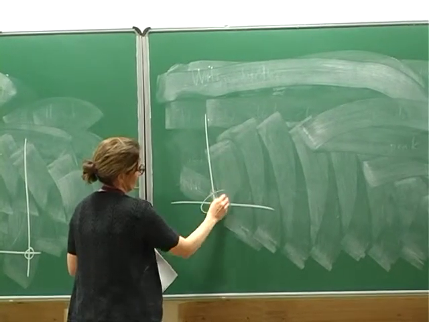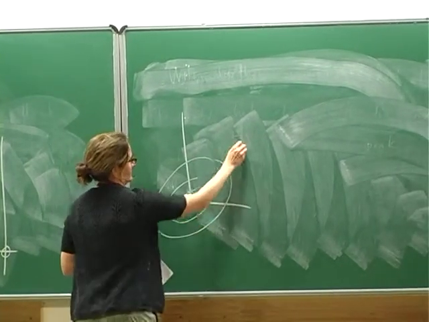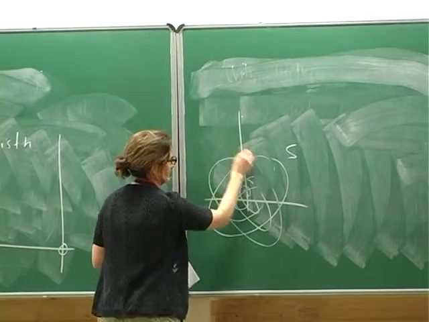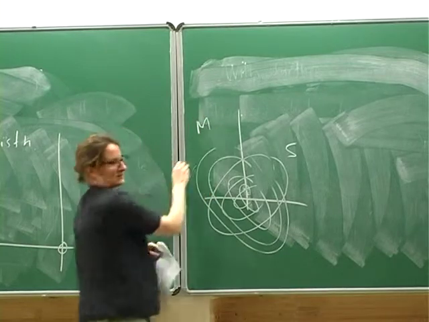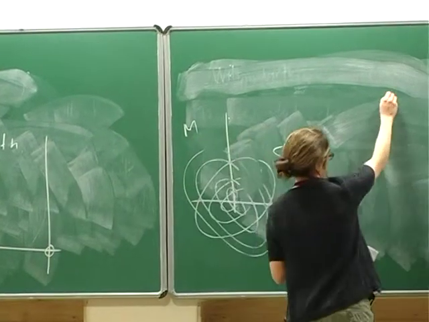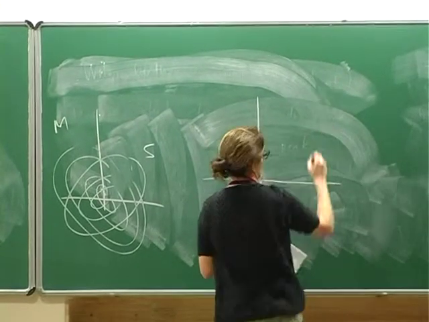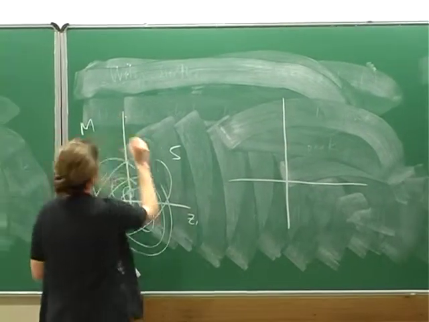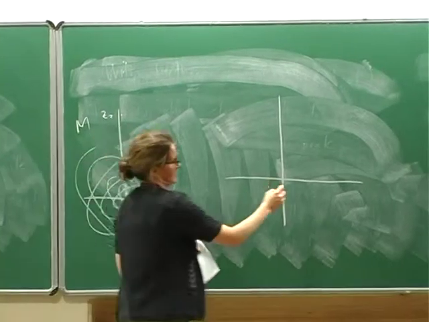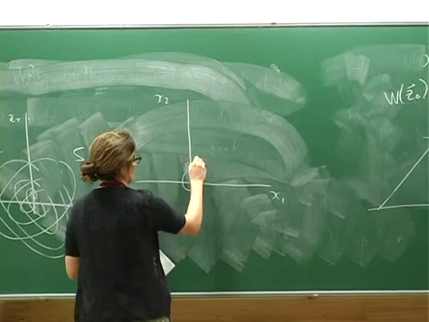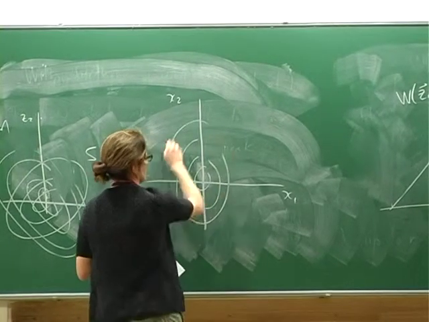If this is the way selection works, and this is the way your mutations tend to happen, I should have drawn this before when I did the diagonalization, where this is Z1 and Z2, the actual traits. In transformed coordinates, you get X1 and X2, and you get just one Gaussian here.